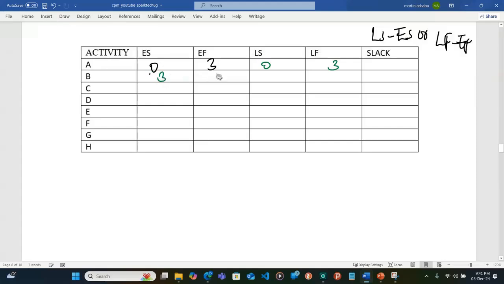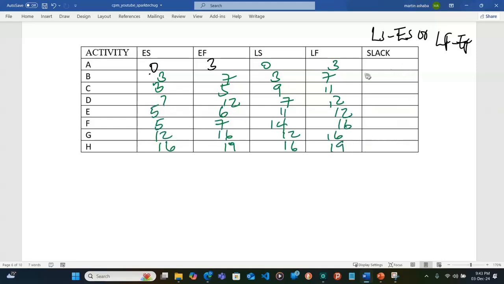On B we have 3 and 7, and LS and LF are 3 and 7. Then on C, we have 3 and 5, and 9 and 11. Then on D we have 7 and 12, and 7 and 12. On E, we have 5 and 6.